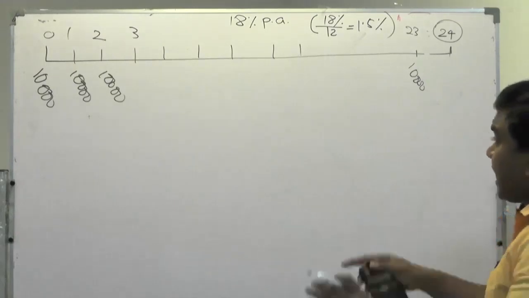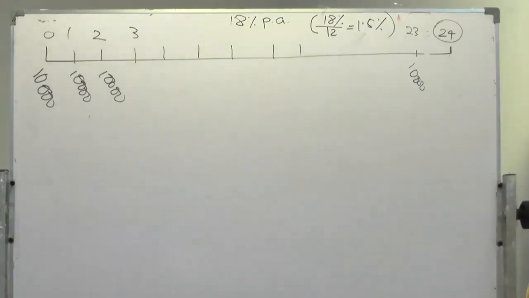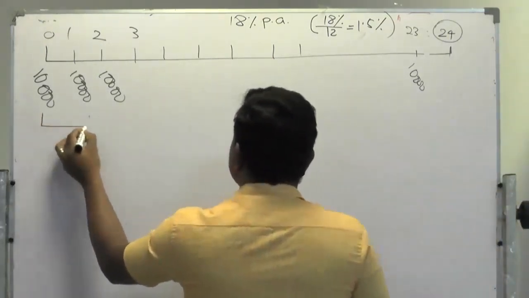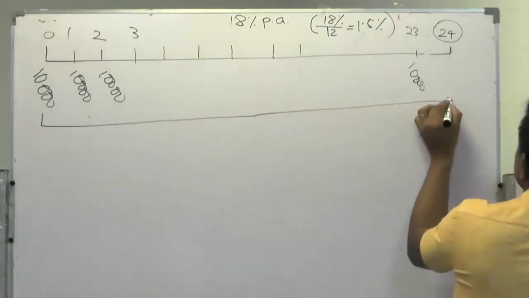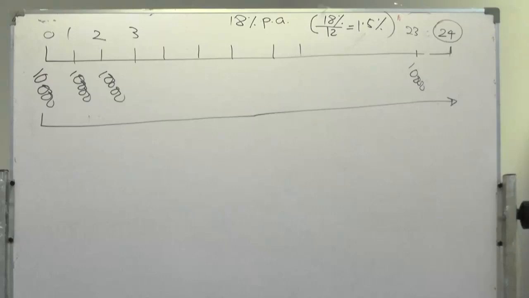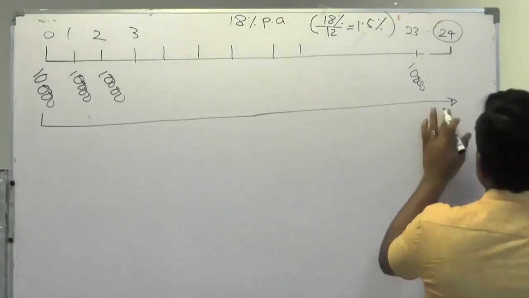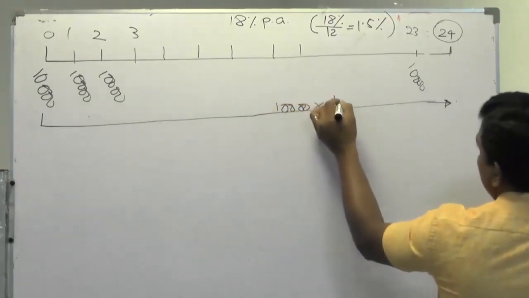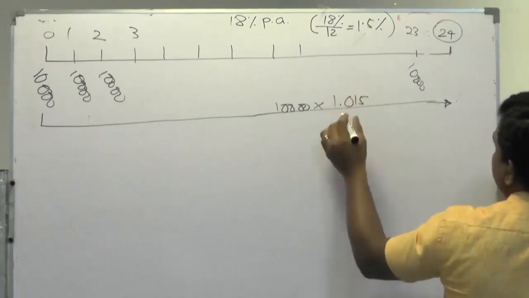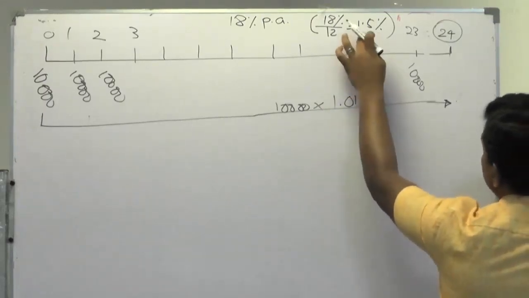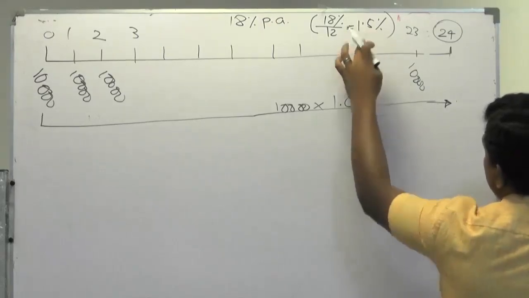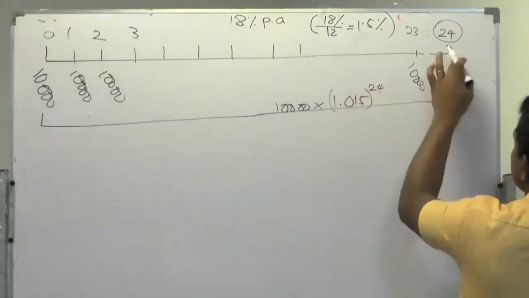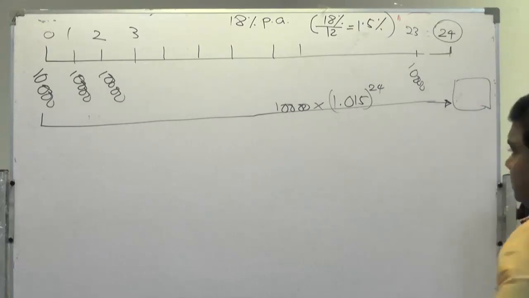Now, they are asking what is the total value you can earn. Let us take this first 10,000. You have to pay interest for this 10,000 over 24 months. Therefore, the total value for the first 10,000 will be 10,000 into 1 plus R, R is 1.5%, therefore 1.015 power 24, because you have to pay interest for 24 months.